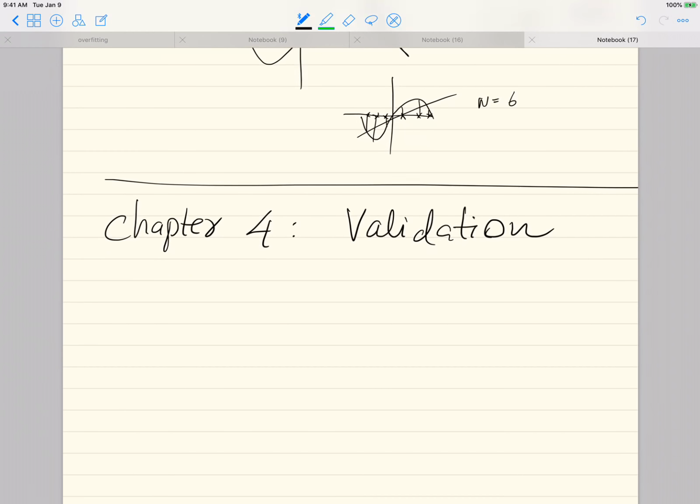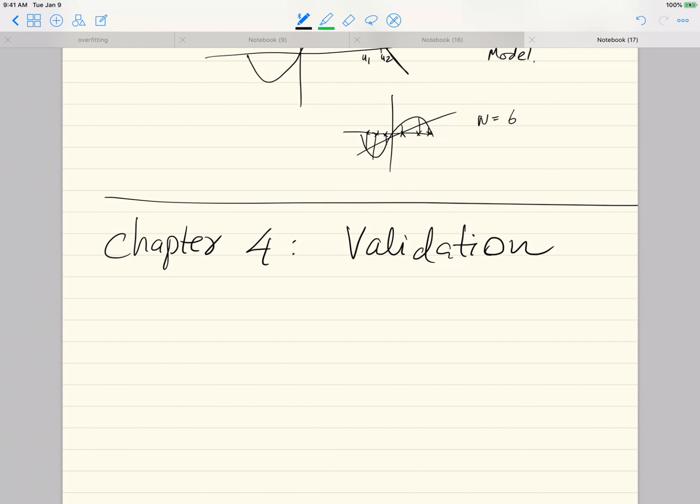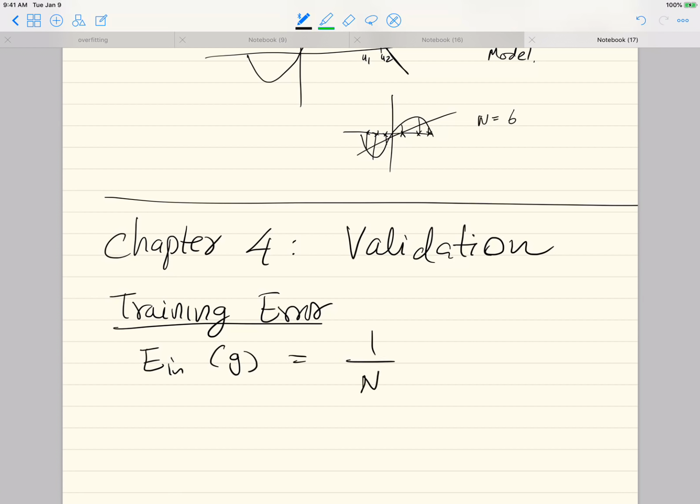So again, our goal is to find a relation between the training error E_in of g, which is 1 over n, summation of n going from 1 to n, e of g of x_n and y_n, and the test error. So e is the loss function. It could be the squared error, it could be the classification error, and so on.